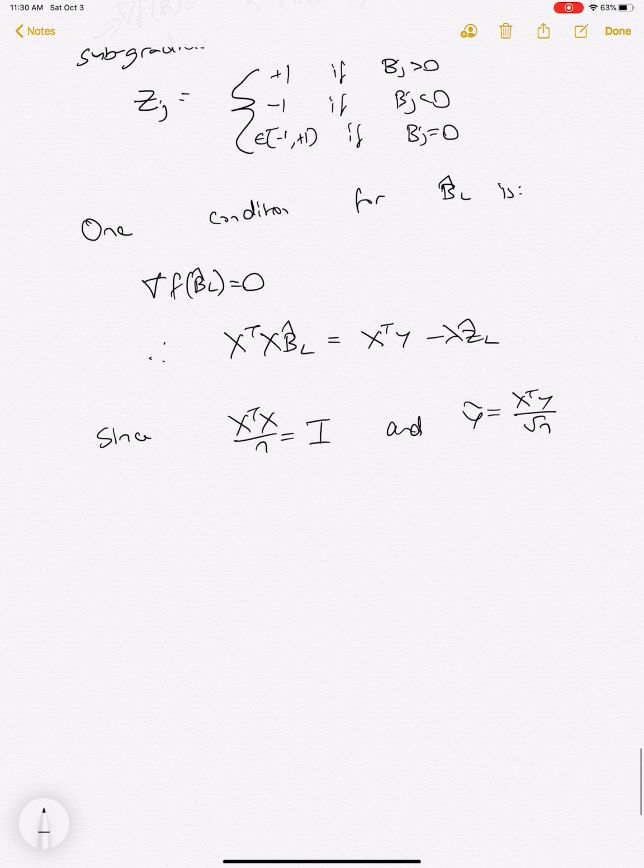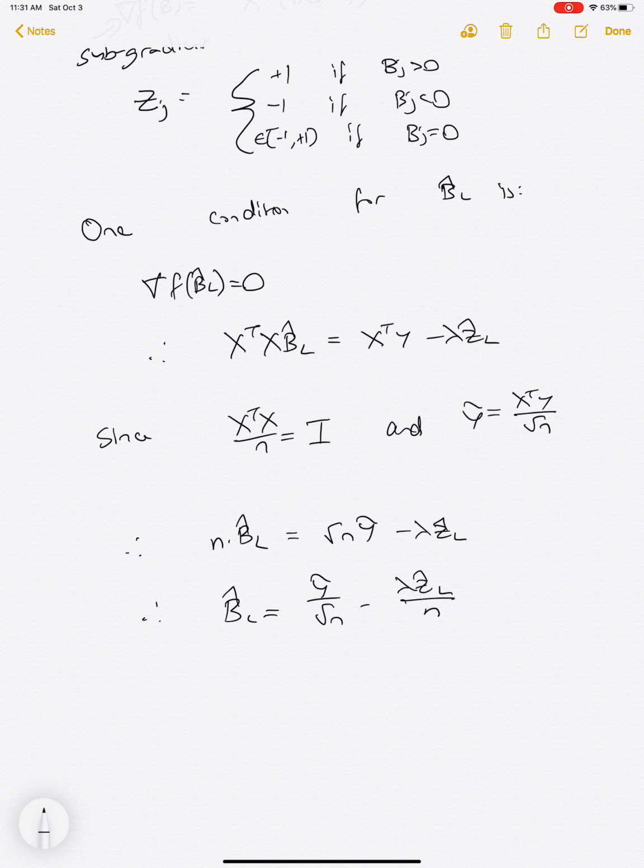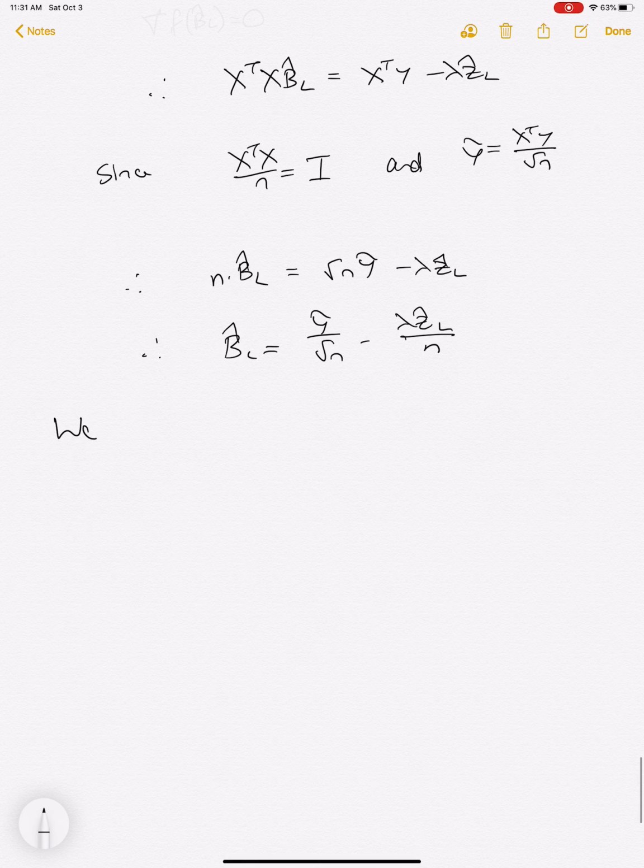since x transpose x over n equals the identity and y tilde equals x transpose y over square root of n, then what we have here is, and we can express this one coordinate at a time.